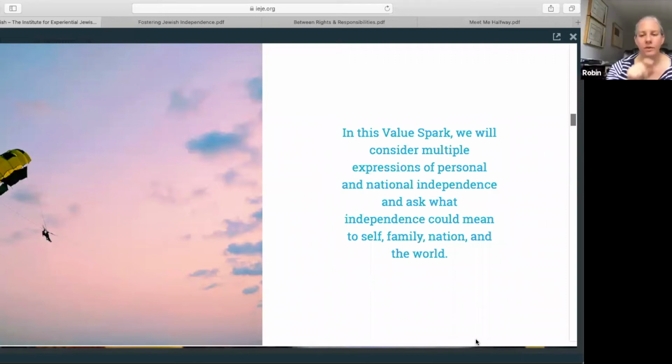Robin? I was going to say family, and thinking about how life cycle events often mark levels of independence or dependence, maybe. Mm-hmm. I was thinking family because I have a 22-year-old who was in Jerusalem when this all started and had a great job and was very happy, and then had to come home and is now dependent and has kind of lost his independence because he can't get a job.